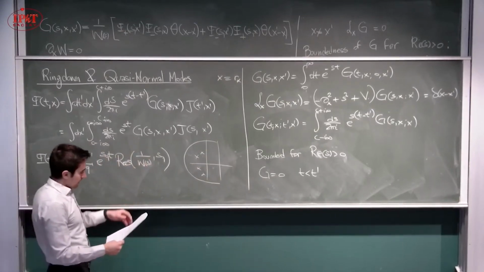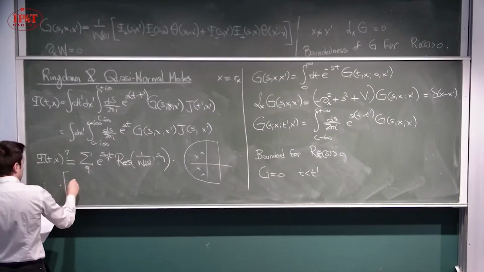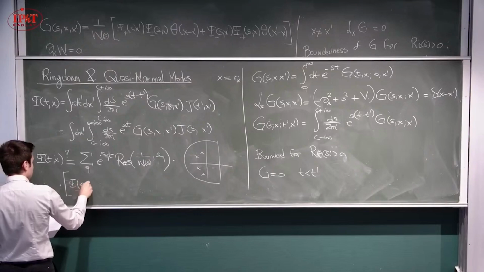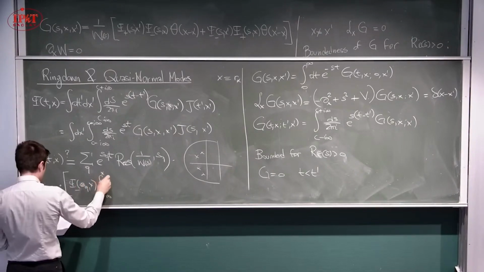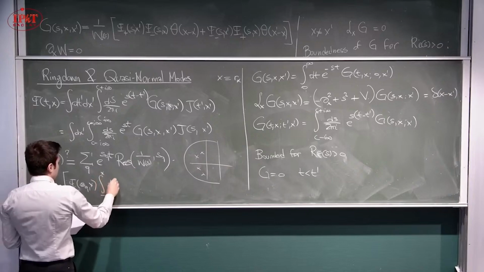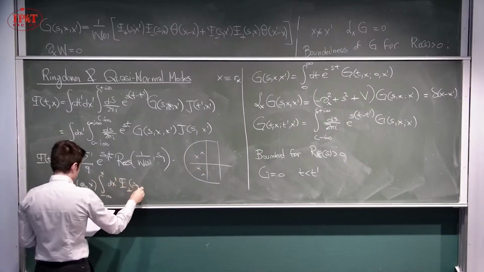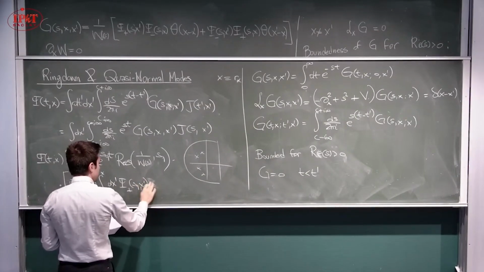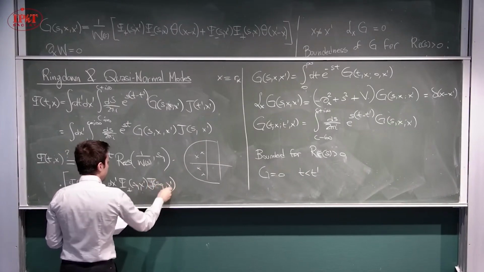And then, of course, here you get minus psi minus of s_q x, and then you have the integral from minus infinity to x dx prime, psi plus s_q x prime, and then you have the source j of s_q x prime.